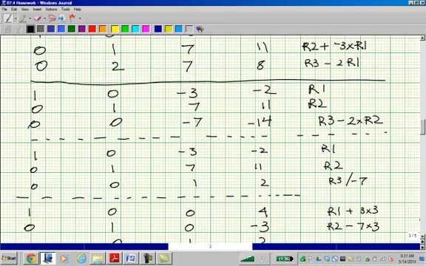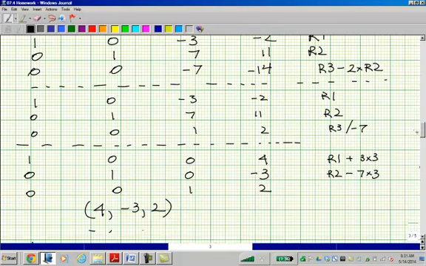And that gives me 0, 0, -7, -14. I take R1, R2, take R3 divided by -7. That gives me 1 and 2. Now I can use R3 to clean out and finish off the 2 equations above. R1 plus 3R3, R2 minus 7R3.